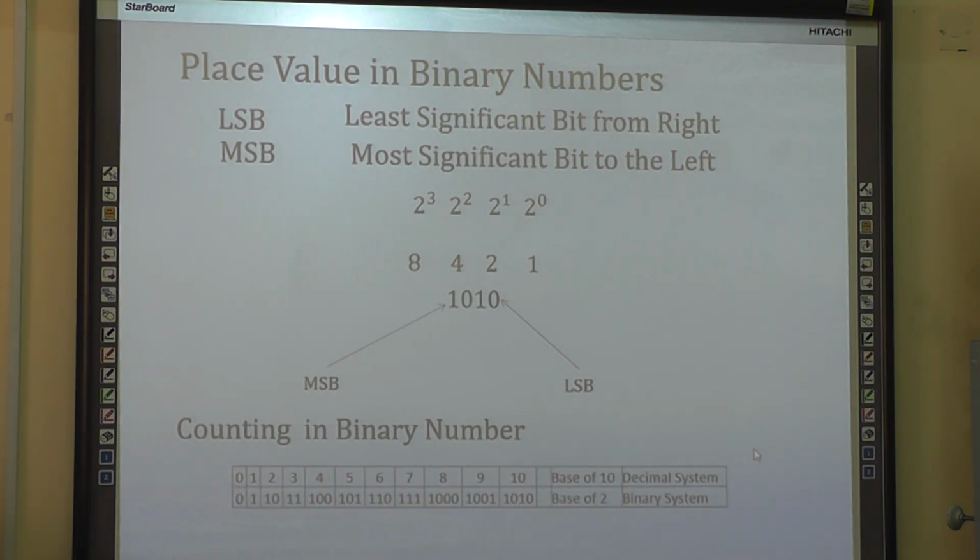So this is the table for the counting numbers, 0 going to 10. 0 is 0, 1 is 1, then 2 is 1, 0, 3 is 1, 1, 4 is 1, 0, 0, number 5 is 1, 0, 1, number 6 is 1, 1, 0, number 7 is 1, 1, 1, and then we have number 8 for the fourth bit, so we have 1, 0, 0, 0.